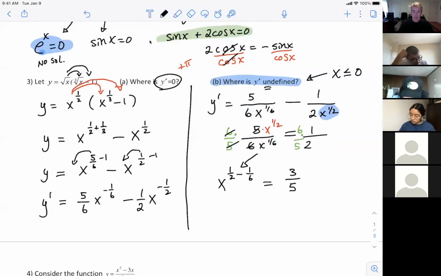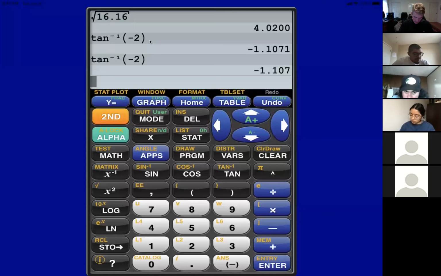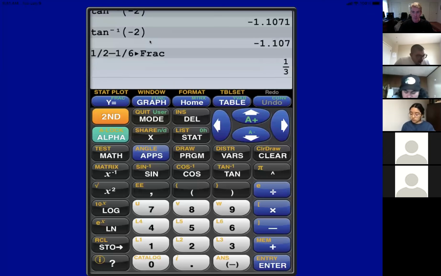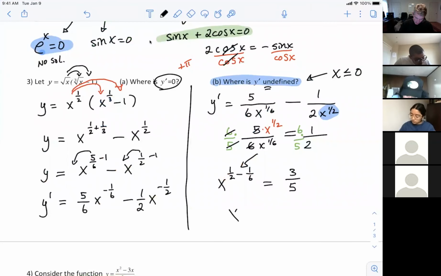And then for 1/2 minus 1/6, you could get a common denominator. You could also go a half minus a sixth, and then go to math, change that to a fraction and reduce it, and it's going to be 1/3. So it means x to the 1/3 equals 3/5.